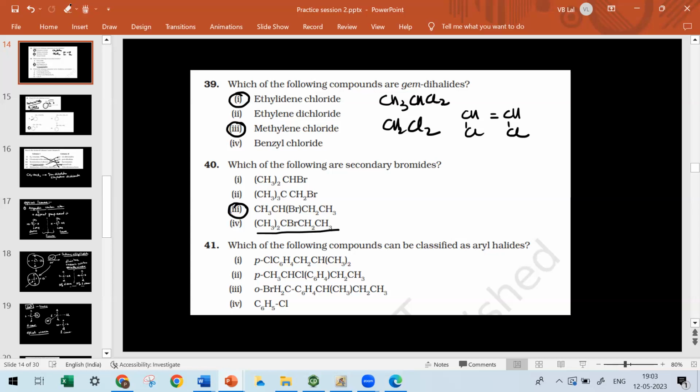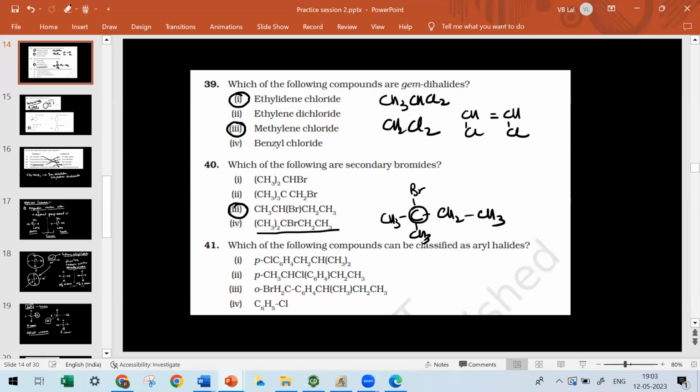When I write 2 CH3 here and carbon after this, it means this carbon is attached to 2 CH3, and here there is a Br, and then here CH2 and CH3. So the fourth cannot be, because this carbon is attached to 3 other carbon atoms. I have to look at the one which is a secondary bromide.